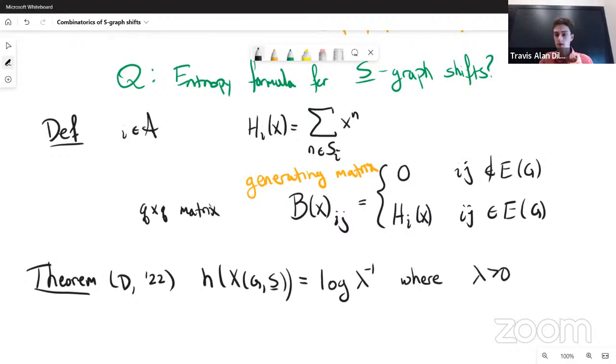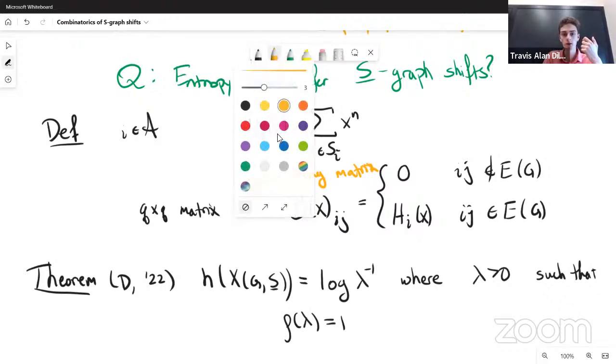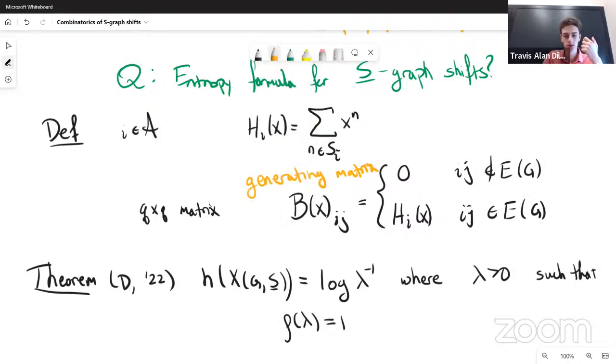Again, it's a positive number such that rho of lambda equals 1, where rho is the spectral radius of the generating matrix, so in this case B of lambda.